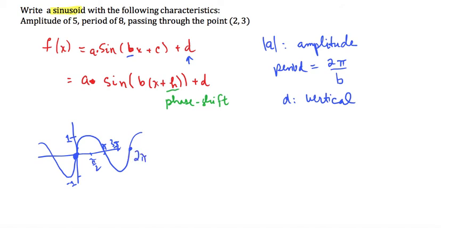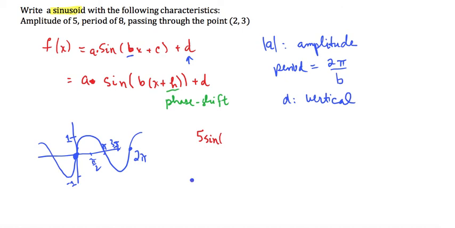Okay. But if we want an amplitude of 5, then let's just multiply everything by 5 in the front. So we get 5 sine of x, right? And the period here, let me clean this up here. We know that the period is going to be 2 pi over b, and we want a period of 8, right?